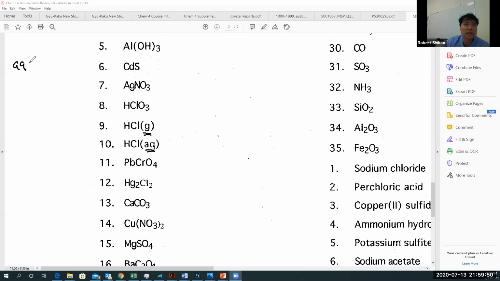Aq means aqueous, which means dissolved in water. So if we take pure HCl gas and dissolve it in water, we form HCl aqueous. This is what we call the acid here.